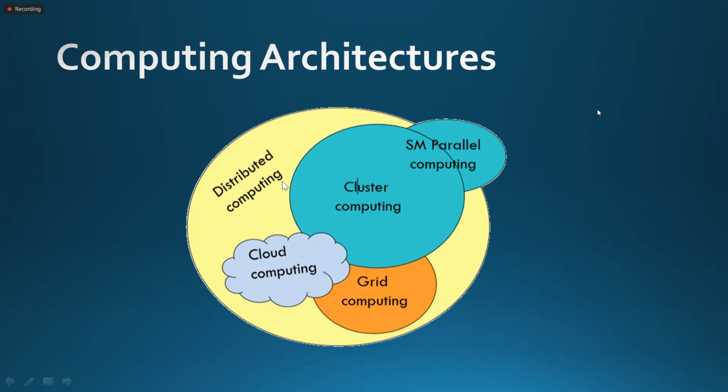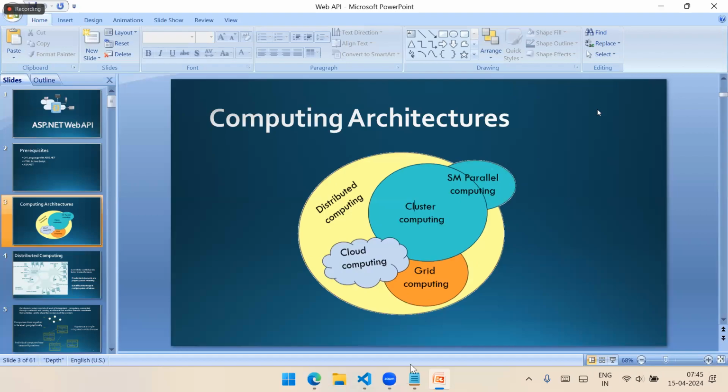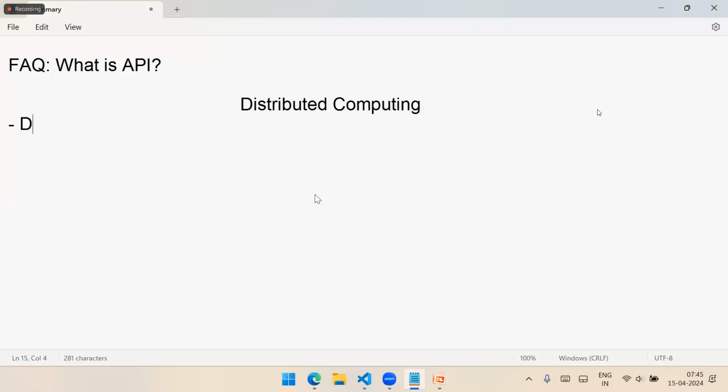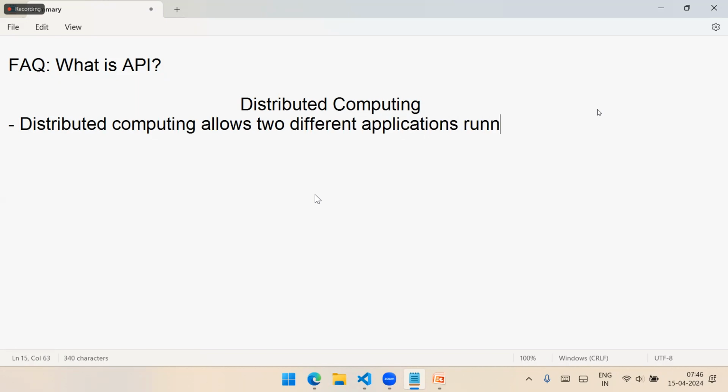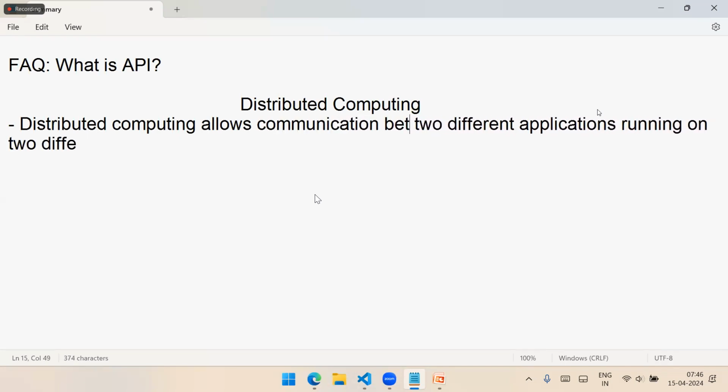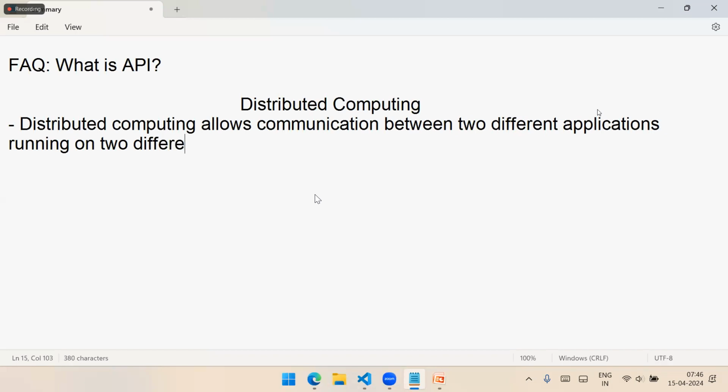What does distributed computing mean? Generally, distributed computing allows communication between two different applications running on two different machines, or you can say two different devices.